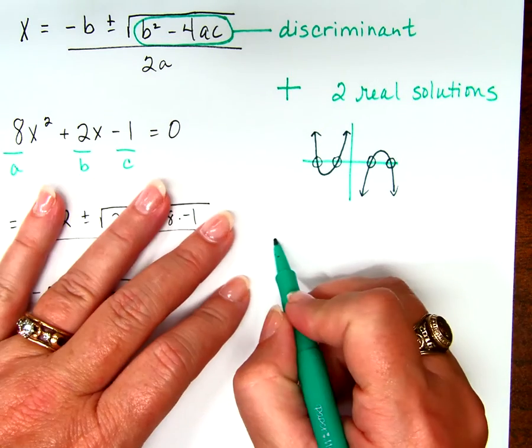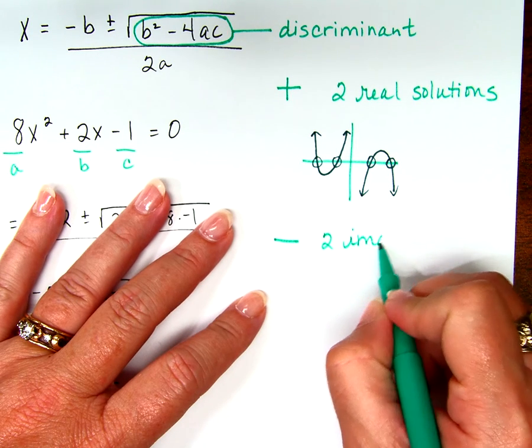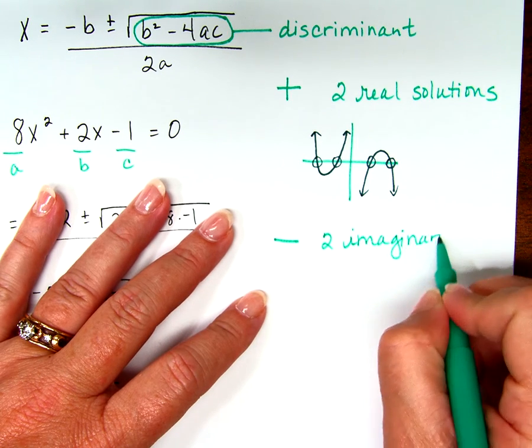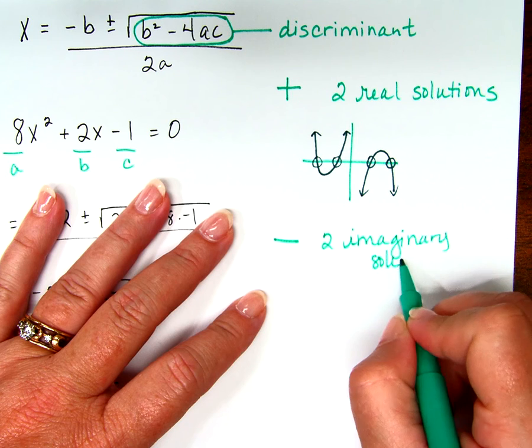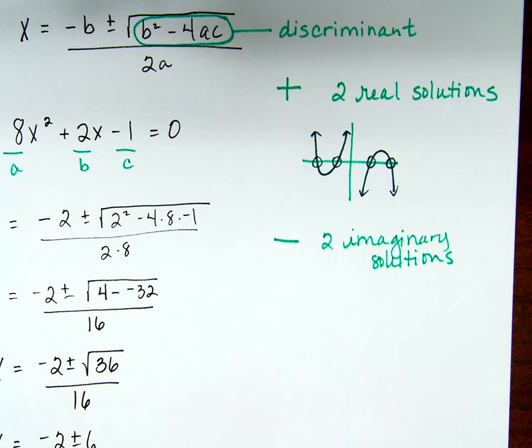It could be negative, right? If it's negative, there's 2 imaginary solutions. No real solutions, but 2 imaginary solutions, right?